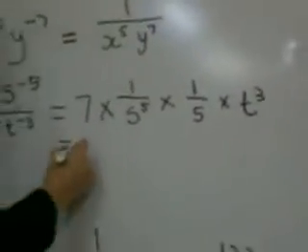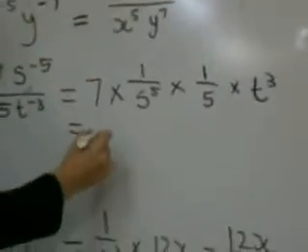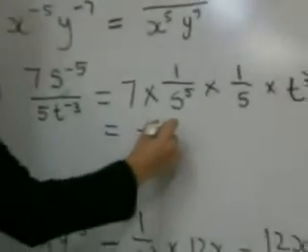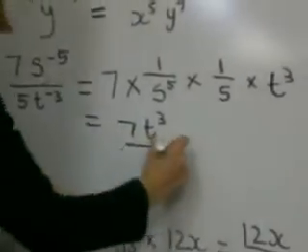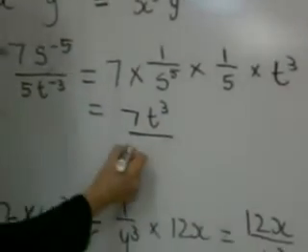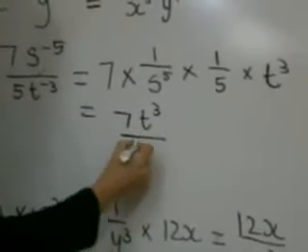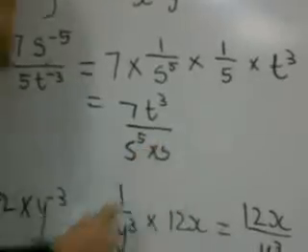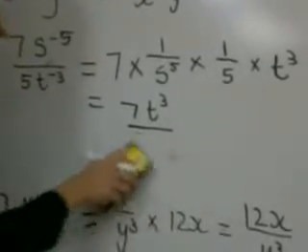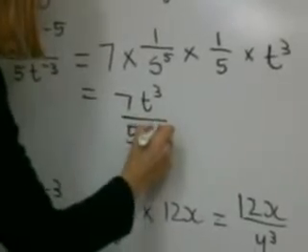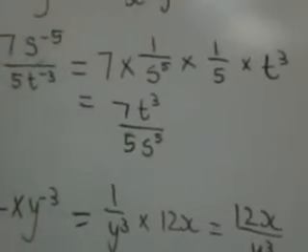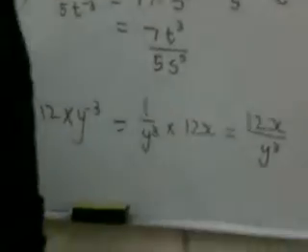So if we rewrite this properly, this would be 7 t to the 3, those two are above the line, and then below the line is s to the 5 times 5. So it would be better if we just write 5 s to the 5.